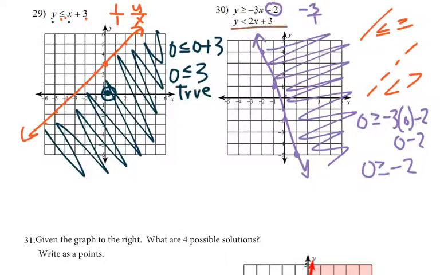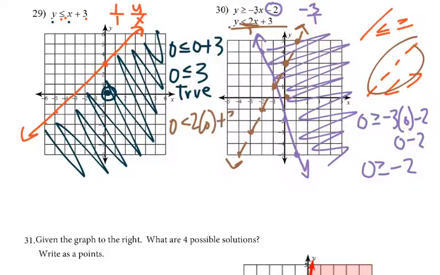Okay, then I do the next one. Plus 3 for my y-intercept. Slope of 2, that's 2 over 1, so I go up 2 to the right one, or down 2 to the left one. There's no line under here, so I know it's a dashed line, which means the boundary can't possibly give me an answer. Then 0, 0, plug in 0 for y, 0 for x, and simplify.